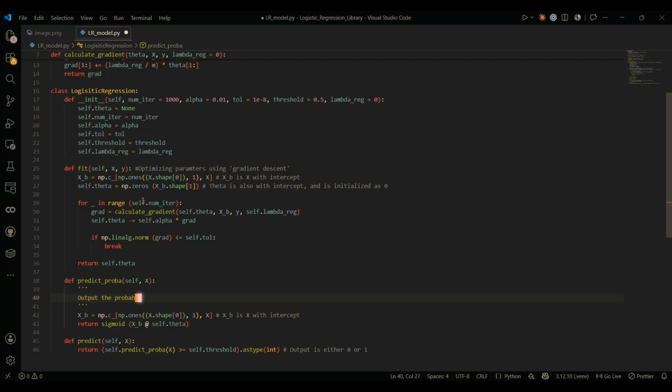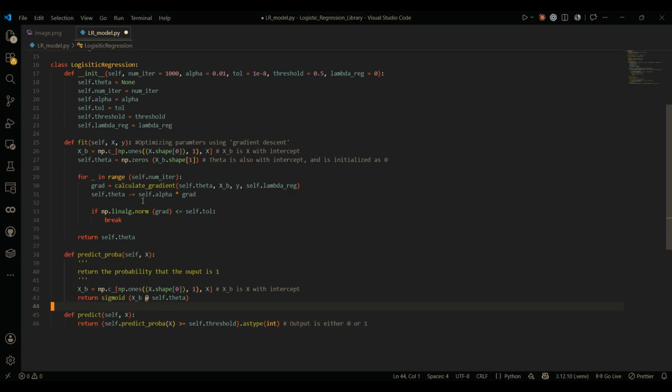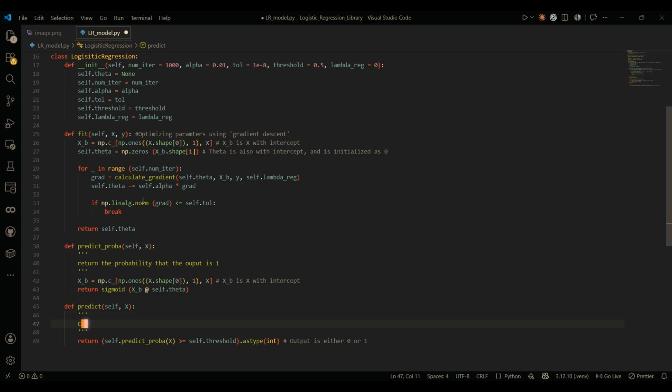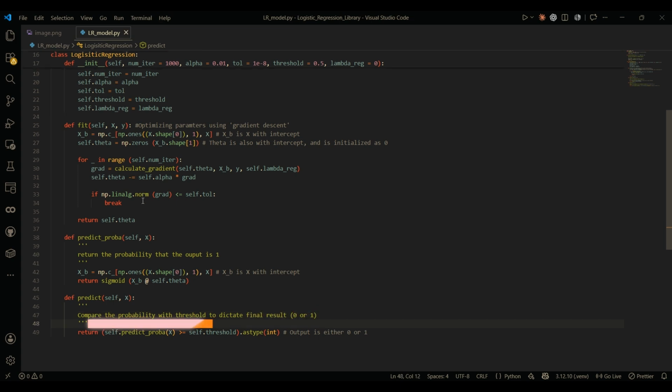Output the probability that the output is 1. Compare the probability with the threshold to dictate the final result. So far, so good.